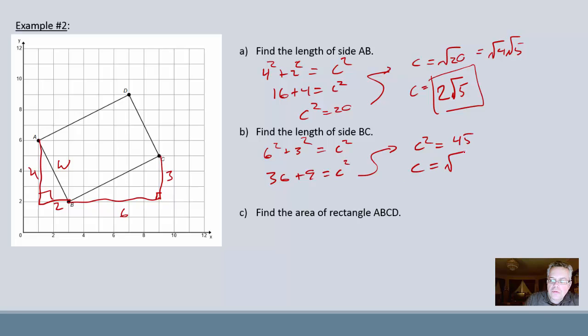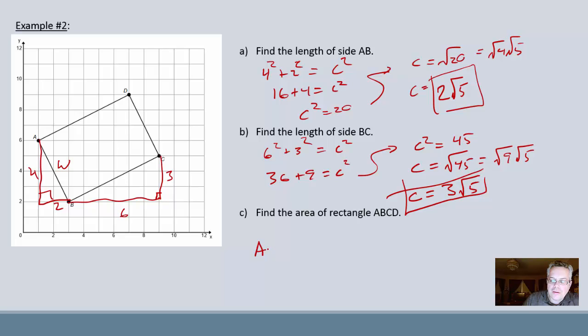So c is the square root of 45. Think, what perfect square goes in there? We did so many of these; hopefully it's becoming automatic to you. We can break it up as square root of 9 times square root of 5. Square root of 9 is 3, so c is 3 times square root of 5. Okay, we've got our width and we have the length. Let's multiply them.